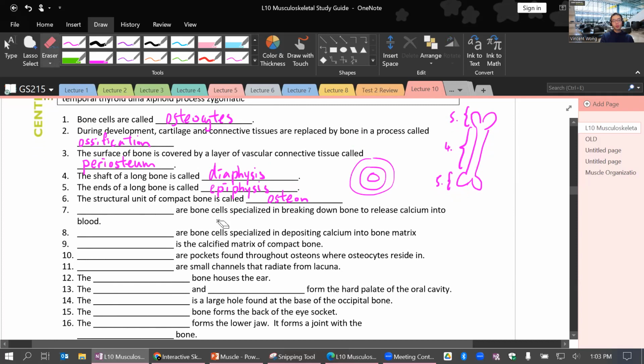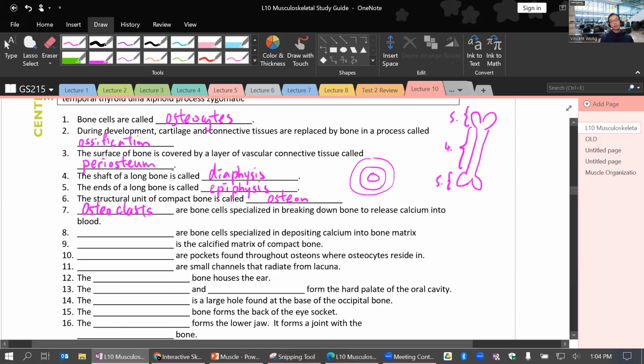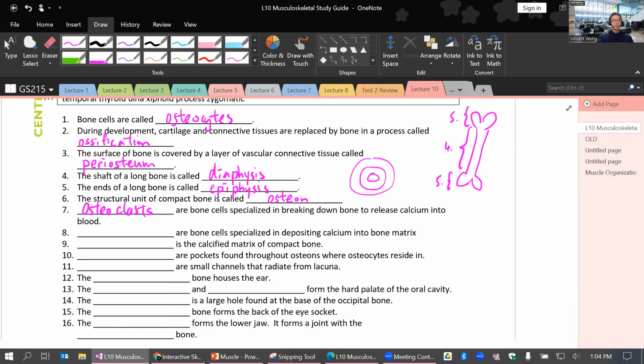There are specialized bone cells that are responsible for breaking down bones to release the calcium into the blood. These would be the osteoclasts. Right? So you would expect the osteoclasts to be more active in the presence of which one, calcitonin or PTH? What do you think?